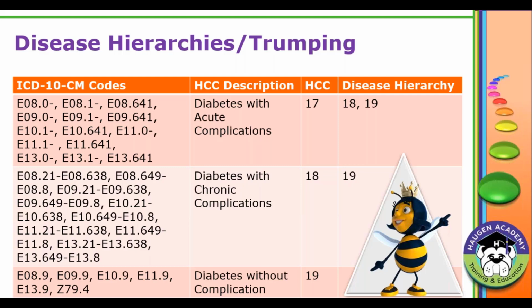Sometimes that happens where, based on provider documentation, you might see complications documented really well and be able to code those, and then the next time there's no complications, you're not able to. So we want to get the complications documented, of course, when appropriate.